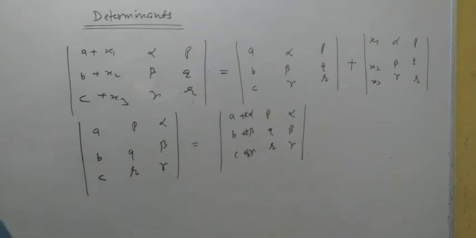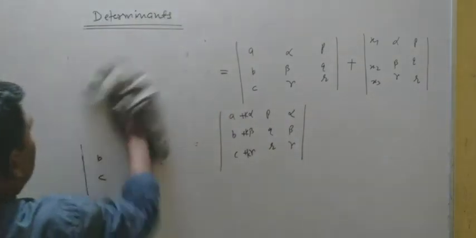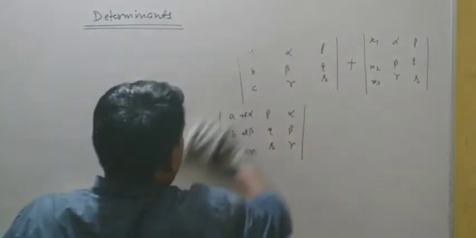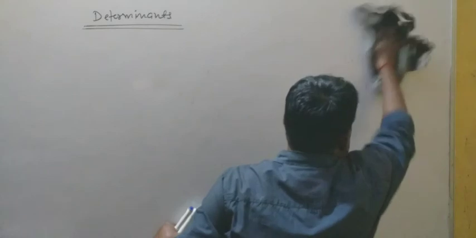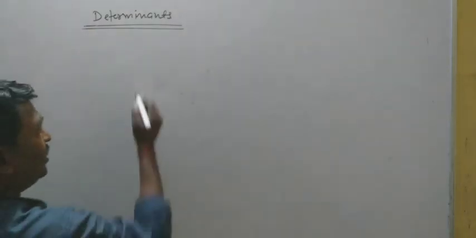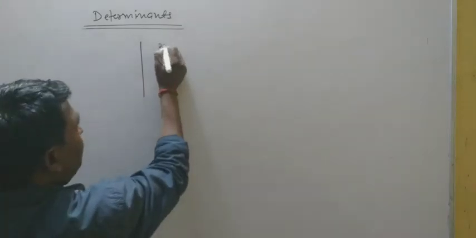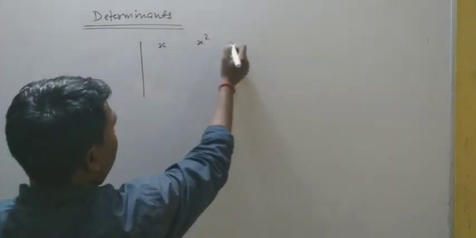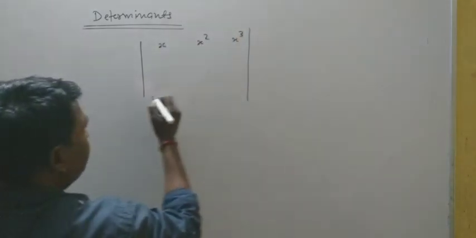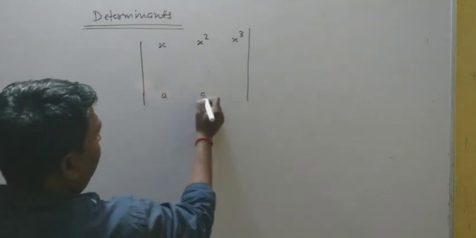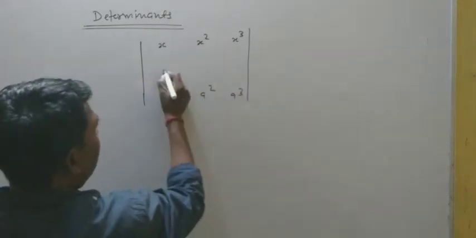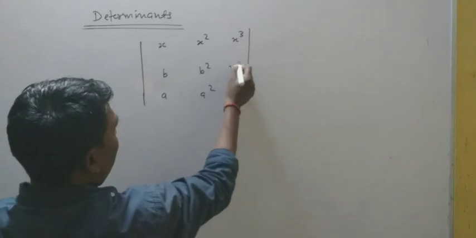According to this property, you see, if you are given a determinant like x square, x cube, here a square, a cube, b square, b cube, just see better.